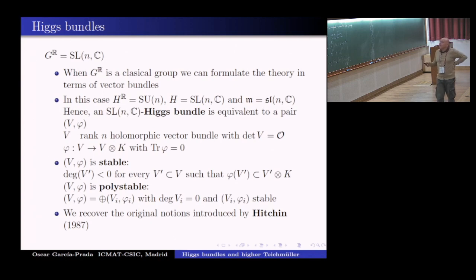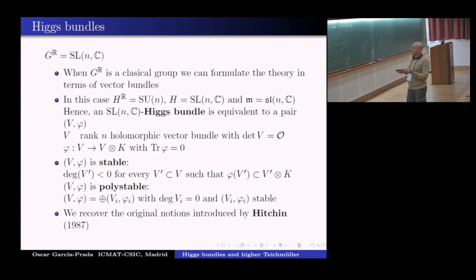And so an SL(n,C)-Higgs bundle is equivalent to a pair (V, phi), where V is a holomorphic vector bundle of rank n. Because we are taking SL and not GL, we fix the determinant of V to be trivial. For the same reason, the Higgs field, which can be seen as a homomorphism from V to V tensor K, has to have trace 0.